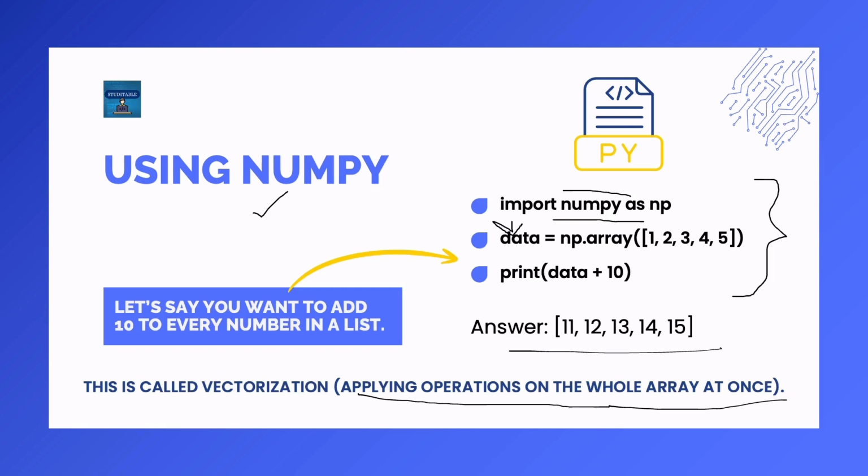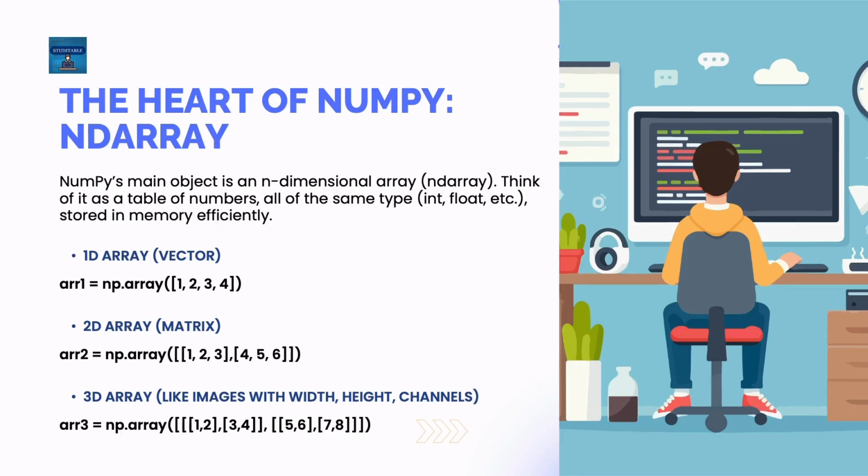Okay, moving ahead. If you are using NumPy, then you must know what an ndarray is. So what is ndarray? ndarray is short for n-dimensional array, and this is like a Python list, but it supports multi-dimensional data.